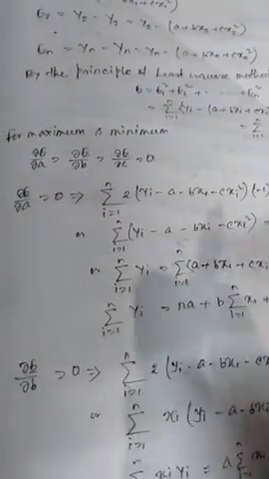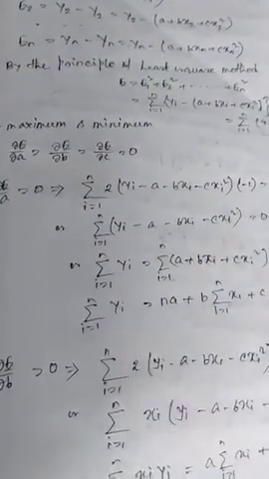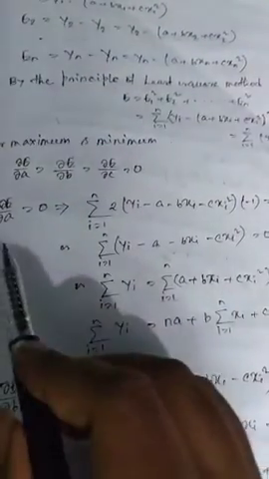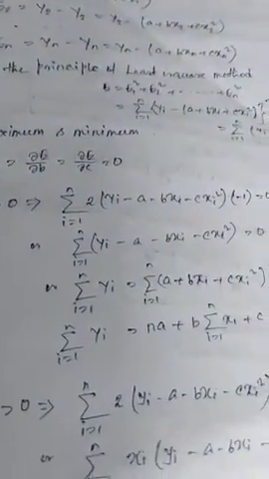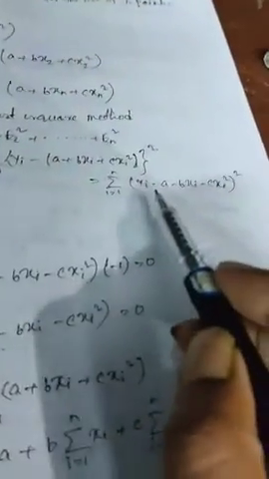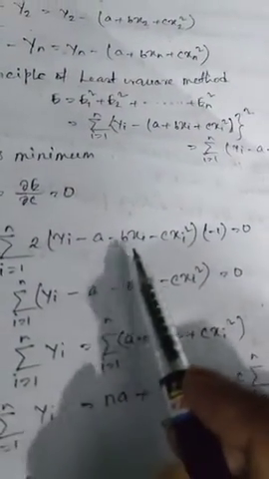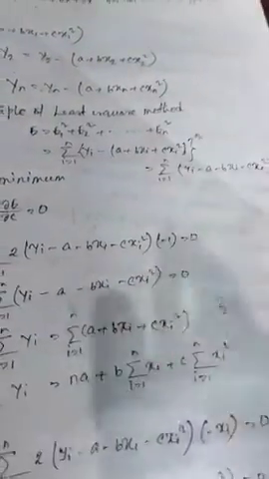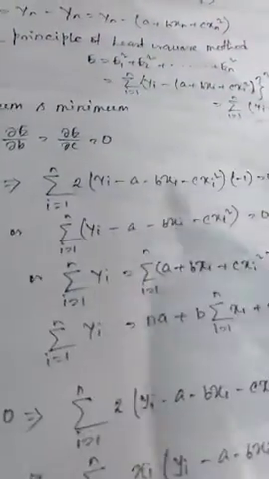So now we are trying to find the normal equations. Del E del a equal to 0 implies that if we differentiate with respect to a, what we get is 2 into (yi minus a minus bxi minus cxi square) into minus 1. This is a simple property of partial derivatives.